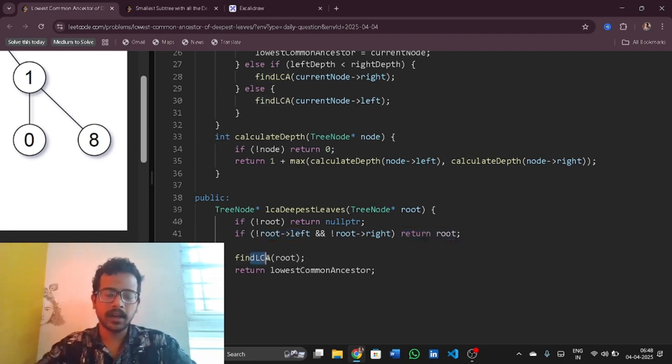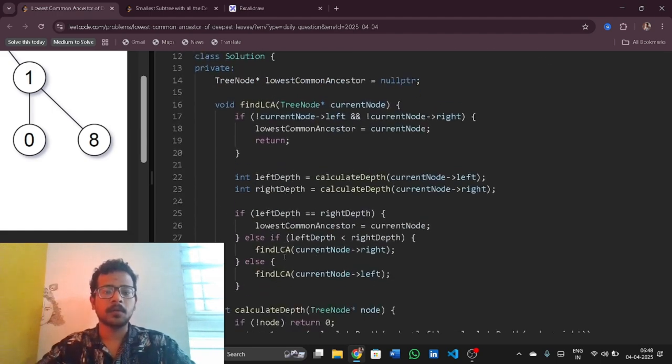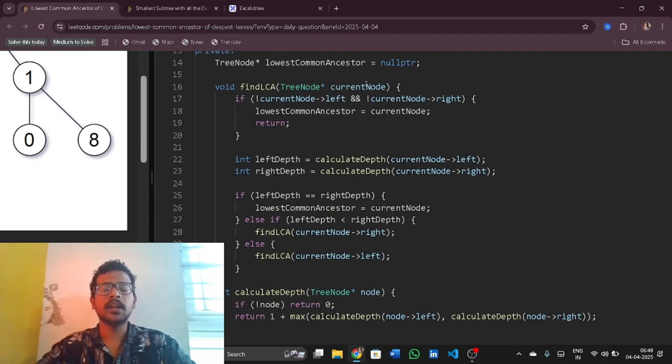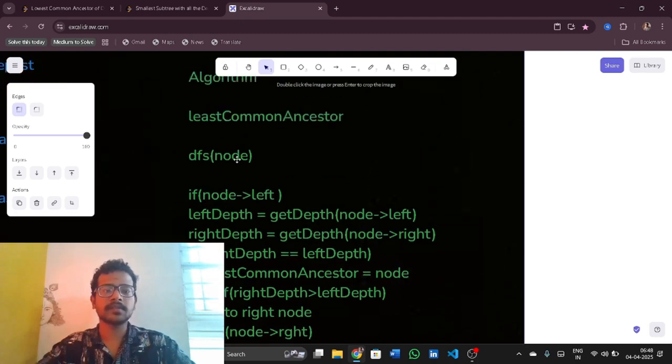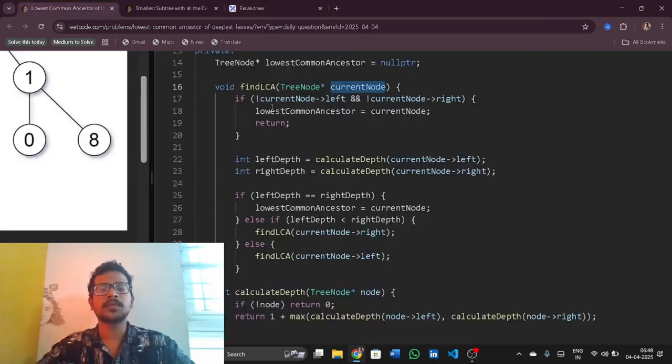This is something like a DFS traversal. Find LCA of root. Here this is the current node, which I called node. If there is no left and no right, the lowest common ancestor will be the current node, and I will return at that point itself.